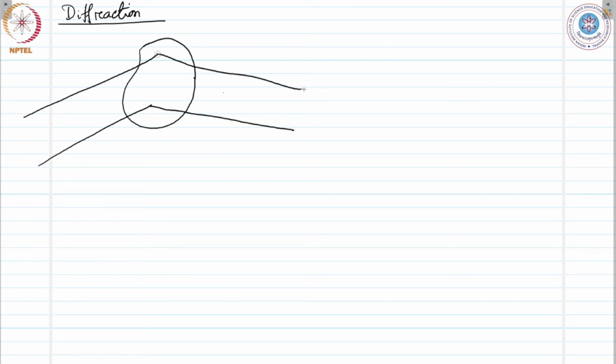Something like this. So this is the incident wave of the wave vector k, and this is the scattered wave of wave vector k prime, let's say. Here is the origin, and from this origin, this point of diffraction is placed at a position vector r.